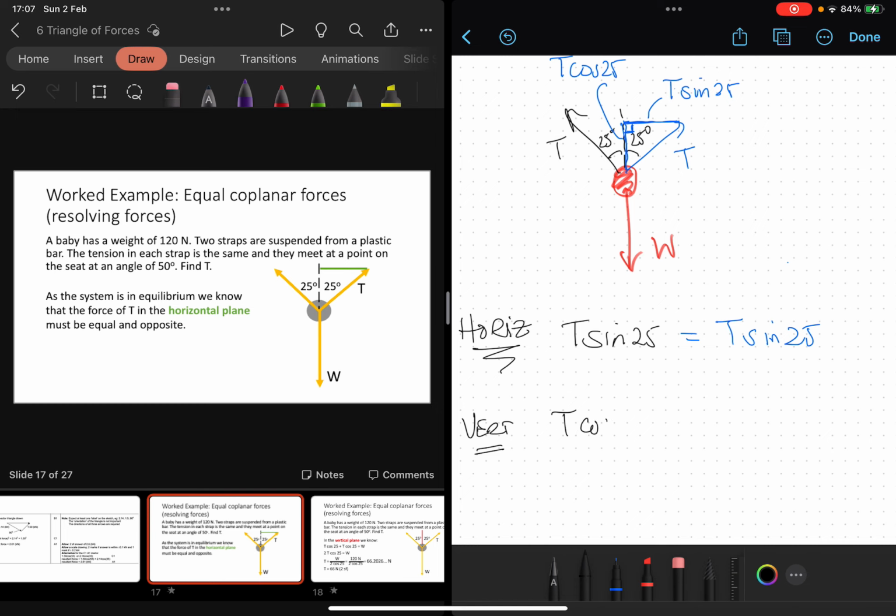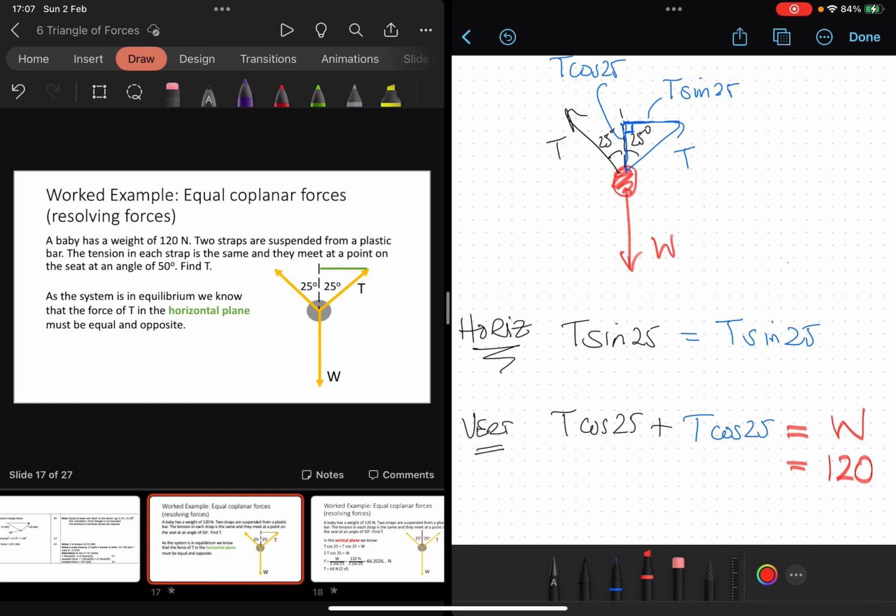T cos 25 and T cos 25, they are the two vertical components of tension added together, must equal the weight. Now I know what the weight is.